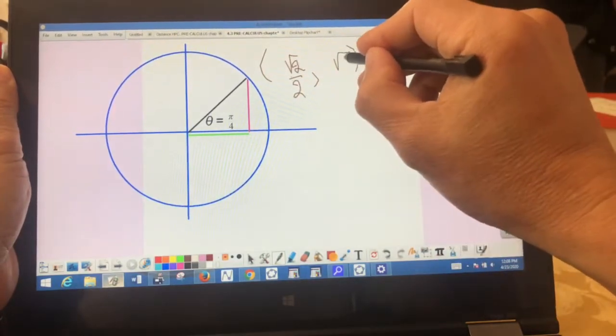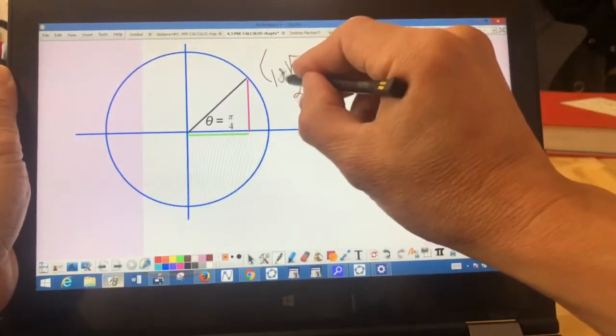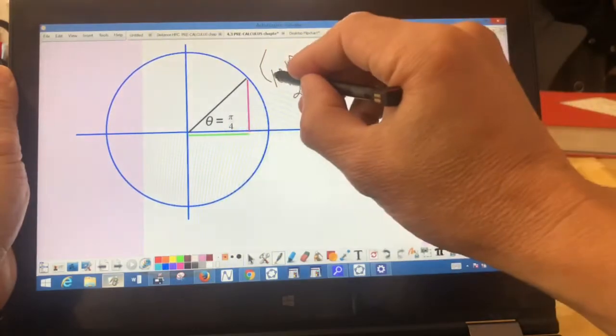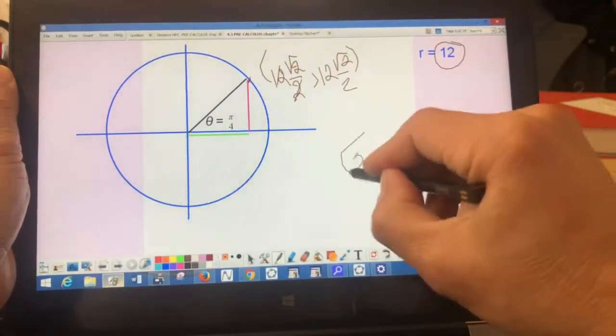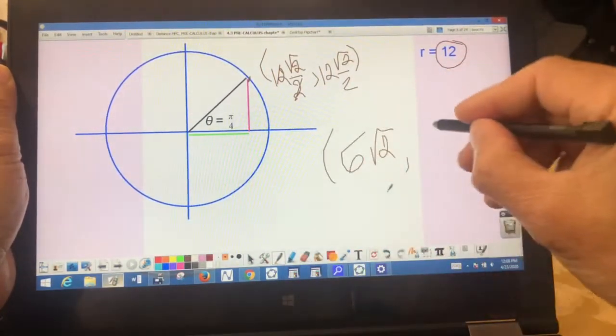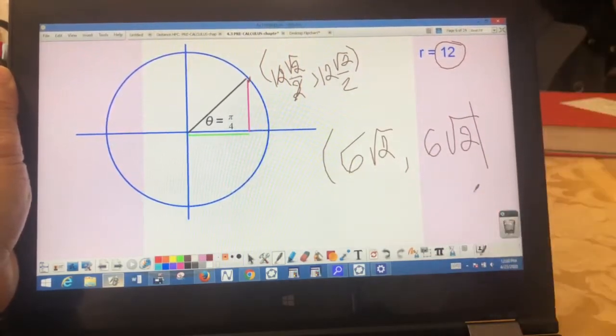On the sine it's the same thing, root 2 over 2. Then we just put a 12 in the front. Now when the 12 comes in like that, it can simplify with your 2. So this coordinate point would be 6 root 2, because 12 divided by 2 is 6, and 6 root 2, like that.